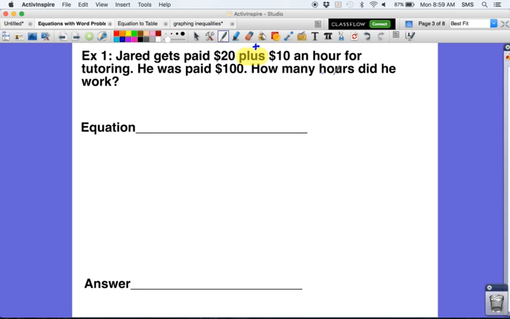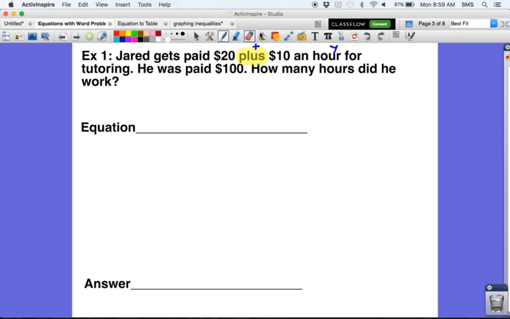We don't know how many hours Jared worked. So this hour right here, we don't know this. This is going to be my variable, so I'm going to use the variable y. That is my unknown. I'm not exactly sure how many hours he works.